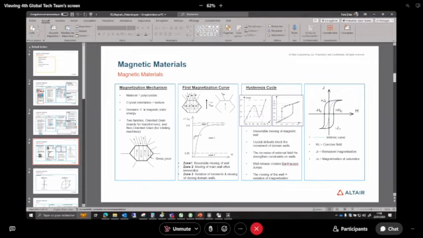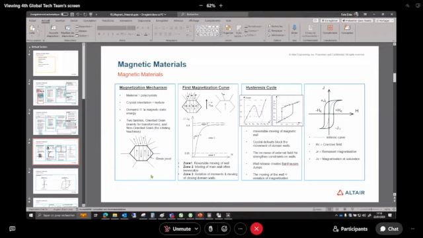In detail, the lamination is a given number of what we call crystals, and inside them there are blocks, what we call domains, having a given orientation of their magnetization.